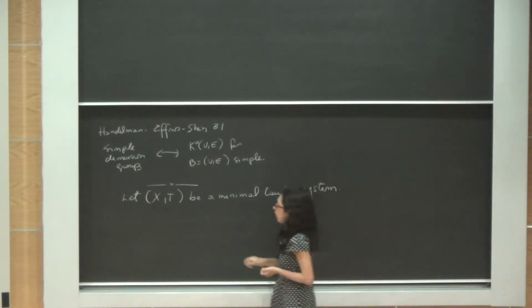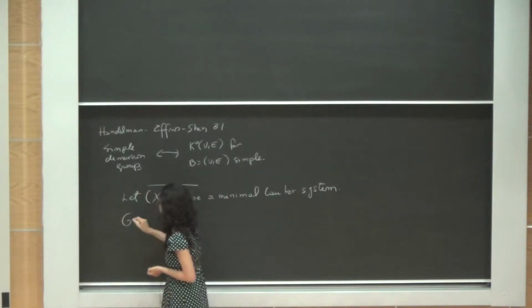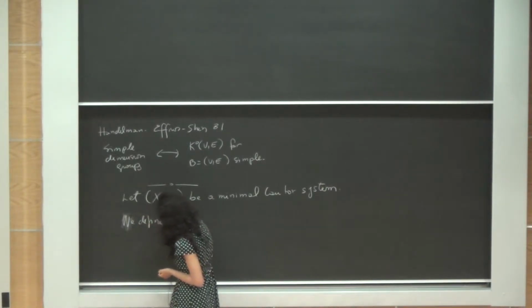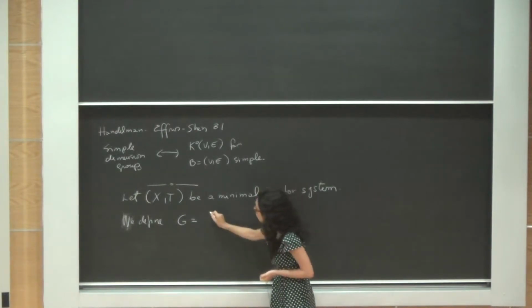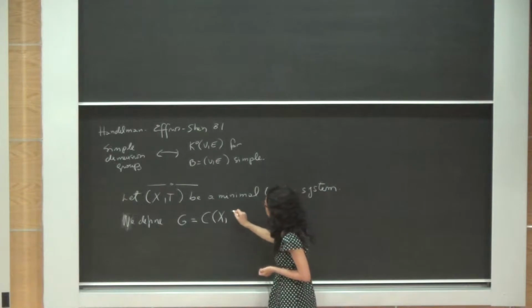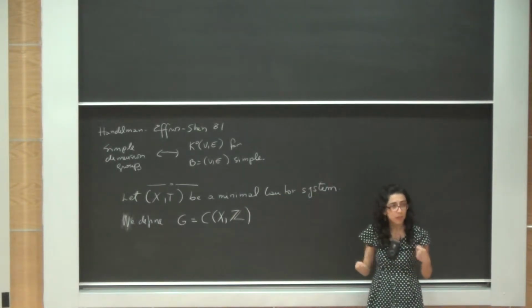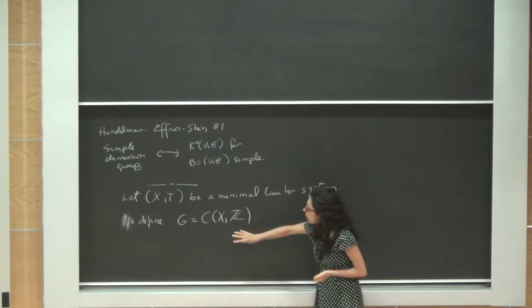So what can we do here? We are going to take G as the set of continuous functions from X to the integers, and this is an abelian group if the operation that you use is just the addition, a countable abelian group.